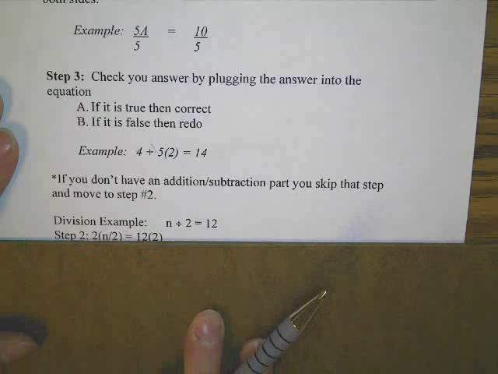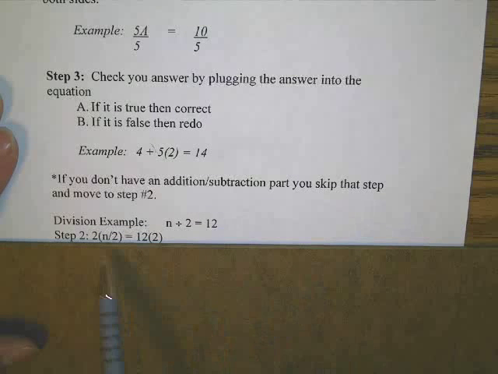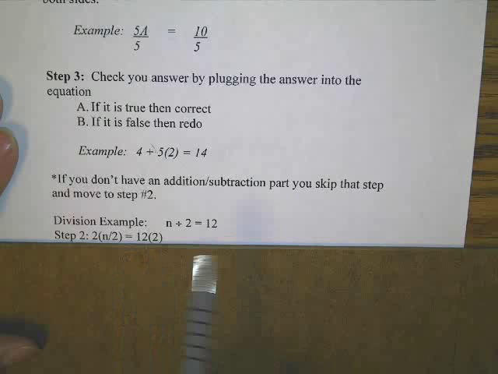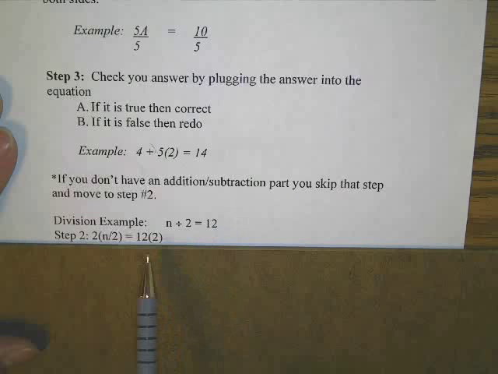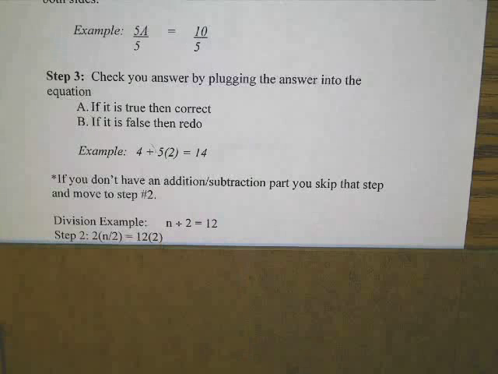So here's what it looks like: n divided by 2 in parentheses times 2 equals 12 times 2. Notice we're multiplying by 2 on both sides. So when I take n divided by 2 and multiply by 2, what do I get? 1n, isn't that what we're hoping for? We want 1n.